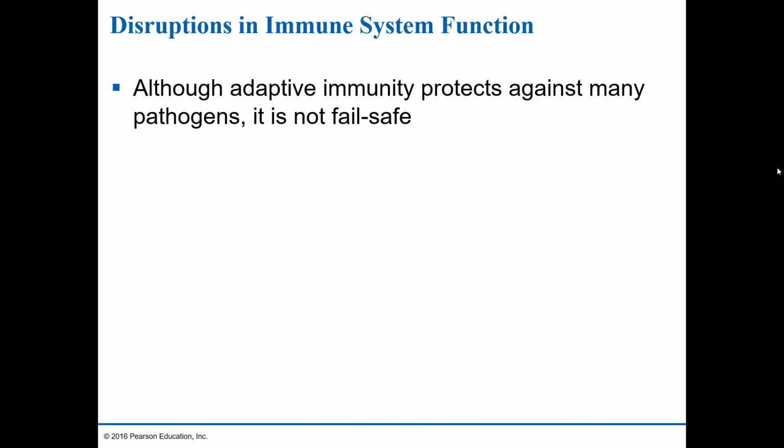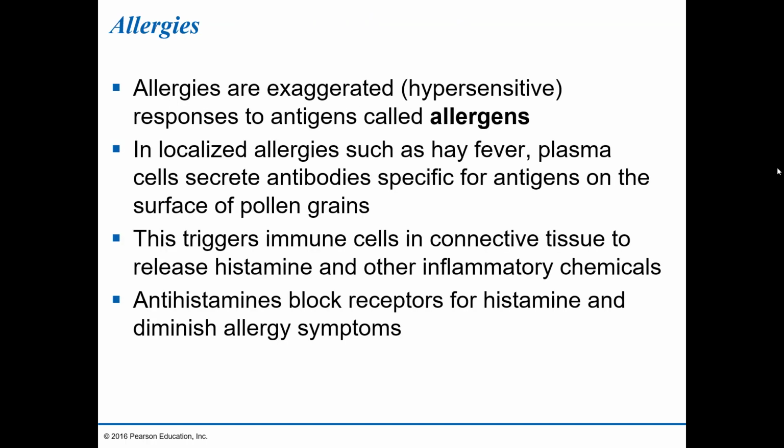So although adaptive immunity protects against many pathogens, it's definitely not fail-safe. One great example is allergies. Allergies are exaggerated responses to antigens called allergens. So when you get an allergy against hay fever, oak pollen, cedar in the wintertime, plasma cells secrete antibodies specific for antigens on the surface of the pollen grains.